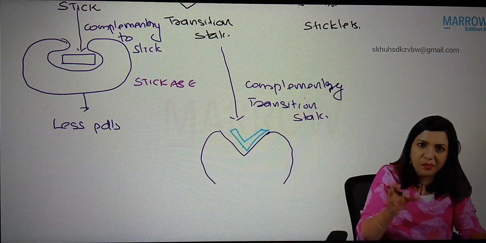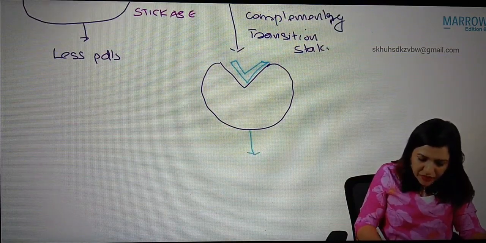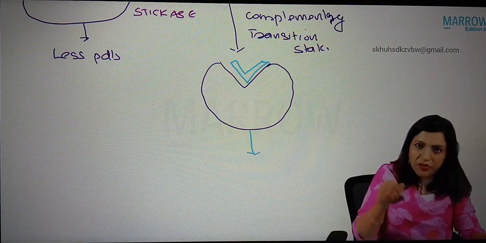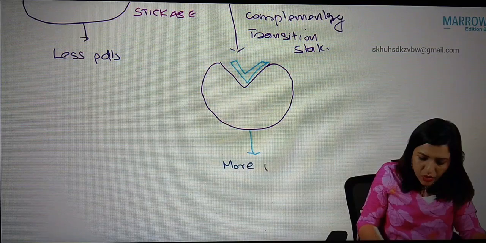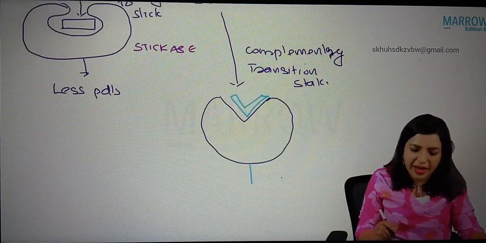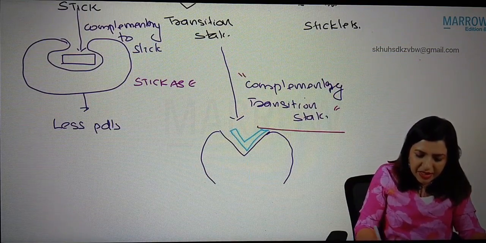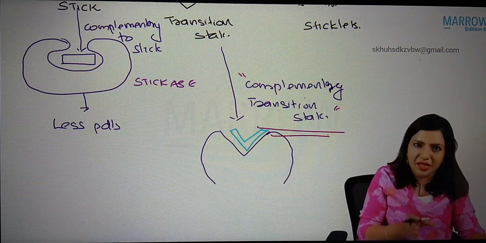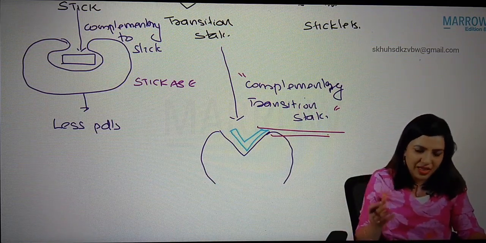This active site is complementary to this transition state, and their observation is that if the enzyme is complementary to the transition state, then more products are formed. So this is called the William Jencks and Linus Pauling theory, which says that the active site is not complementary to the stick or the substrate. It is complementary to the transition state.